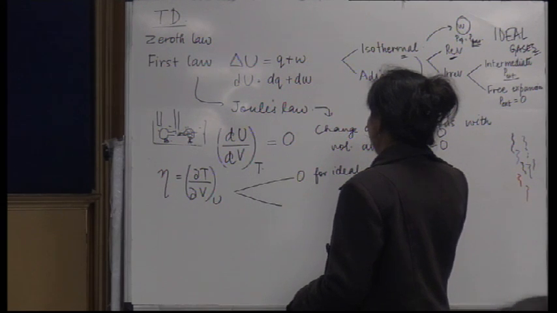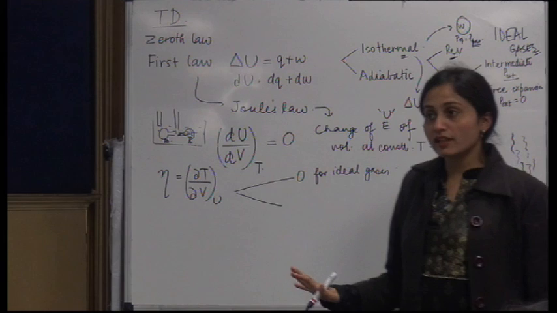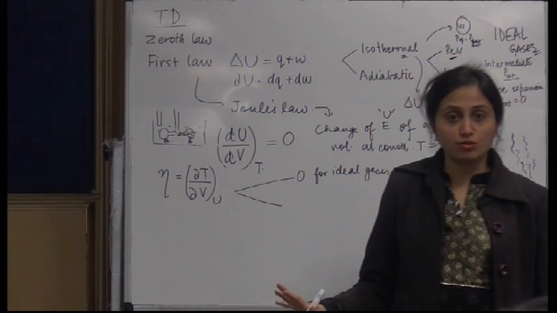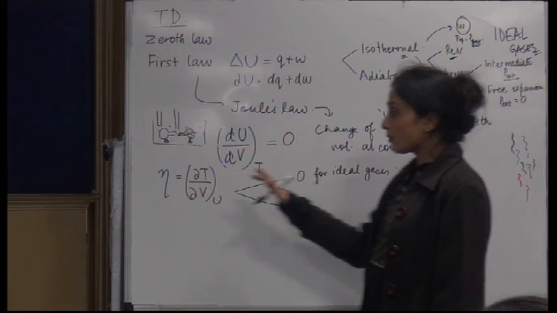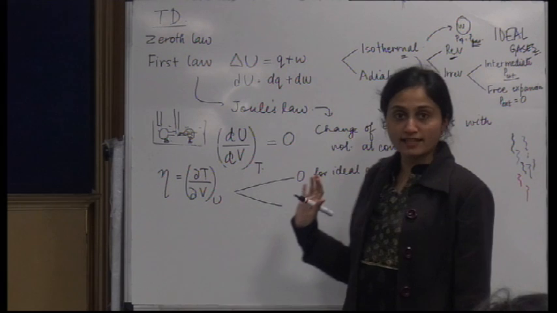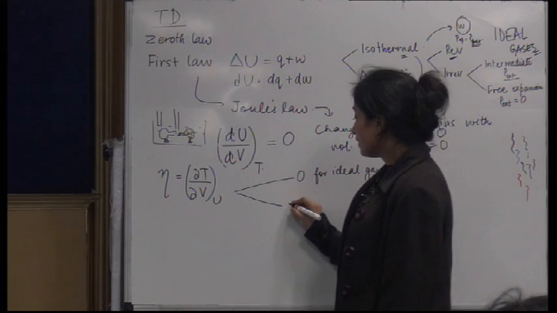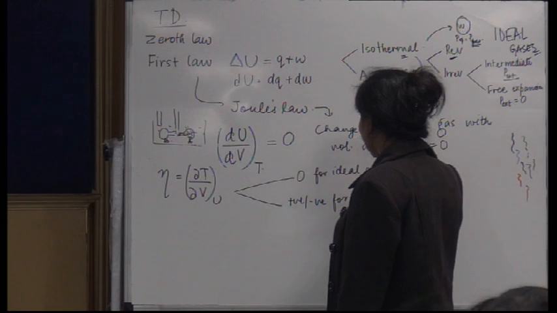For ideal gases, the value of the Joule's coefficient will always be equal to 0. We are not doing the derivation; it has never been asked in entrance examinations, so you don't need to do it. So remember that the Joule's coefficient is 0 for an ideal gas, and it may be positive or negative for real gases.